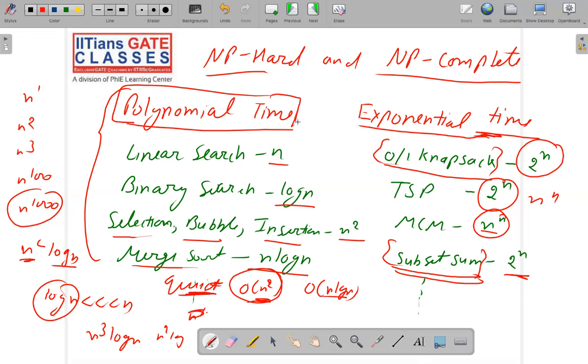So all these are polynomial time algorithms. Then we have exponential time algorithms, like 0-1 knapsack you have seen. It's 2 raised to power n. For TSP, it's n raised to power n. For matrix multiplication, n raised to power n. Subset sum, 2 raised to power n.